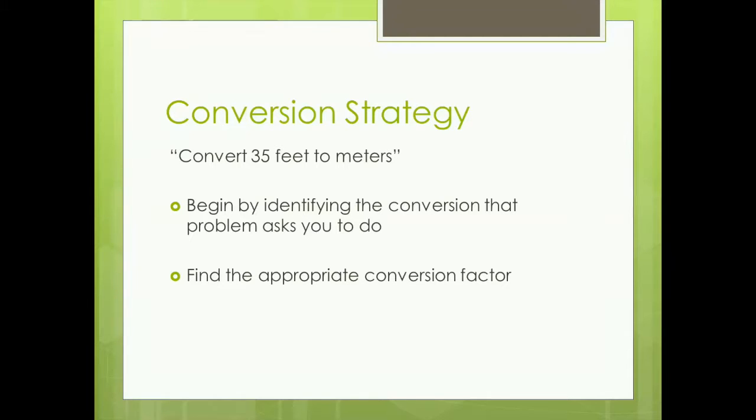Next, you'll have to find the appropriate conversion factor. 1 meter equals 3.28084 feet, or 1 foot equals 0.3048 meters, will work. This is because they're the same conversion factor, just inverted.